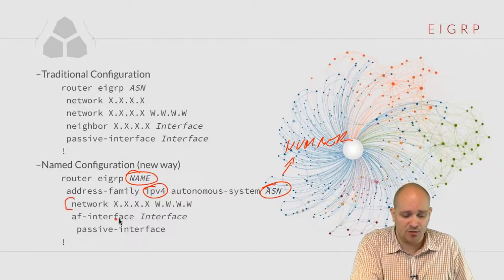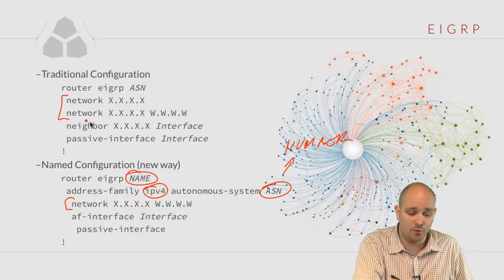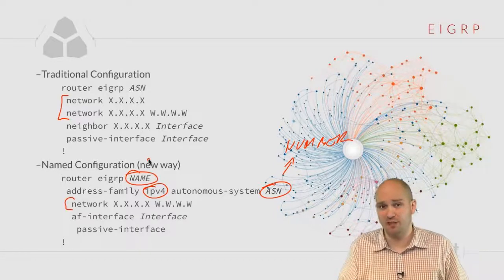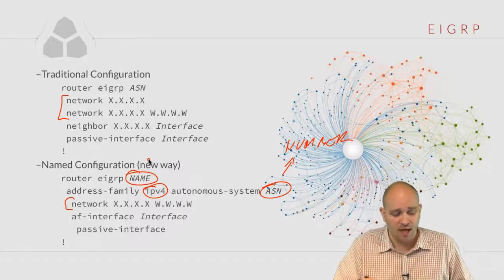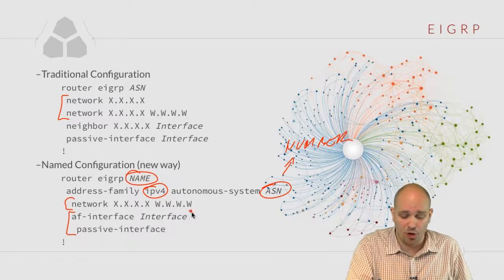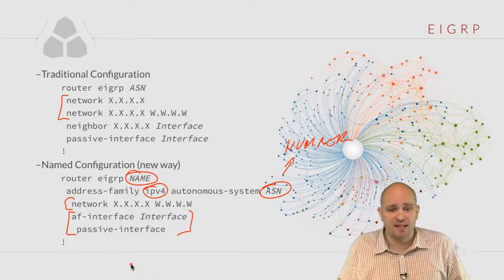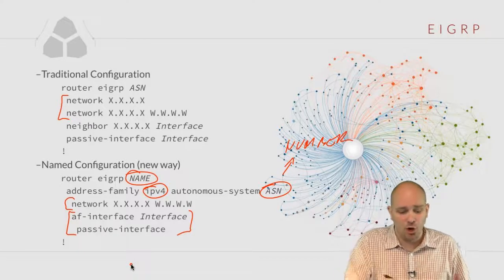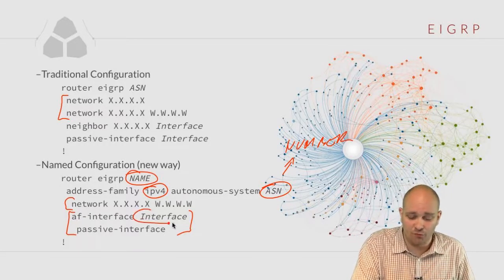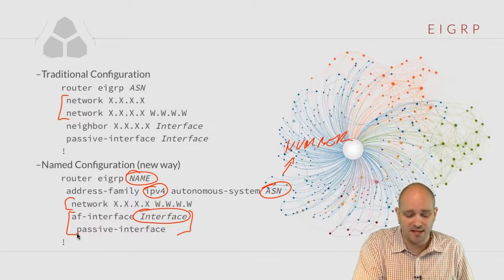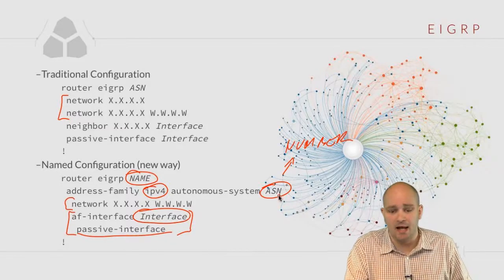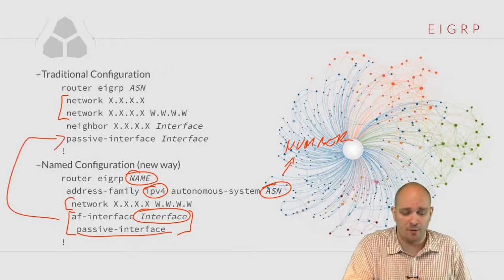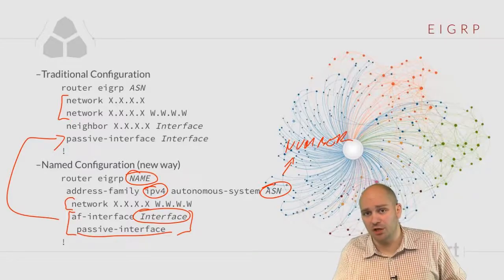Then again, I can use the network statement, and keep in mind that both network statement formats are still supported with the new configuration mode, and then I can have any number of af-interface commands. And in this configuration example here, what I have done is I have said that for this particular interface, we are going to be operating in a passive mode. So pretty much I have replicated the configuration that I had here above.